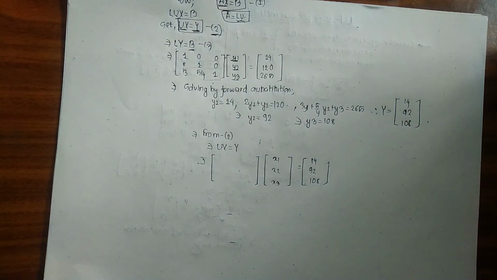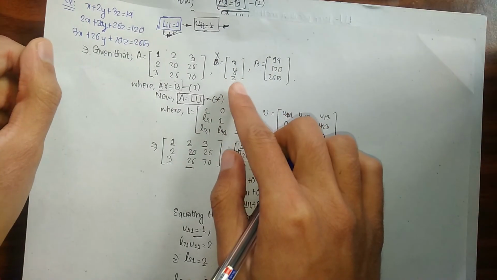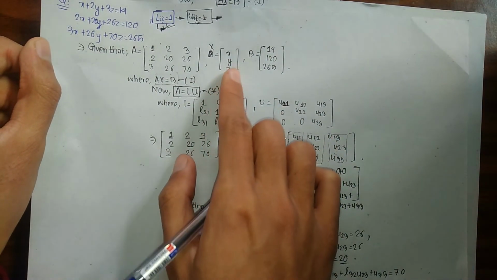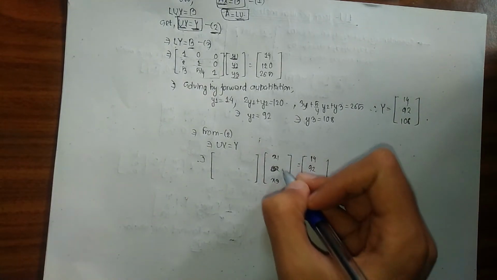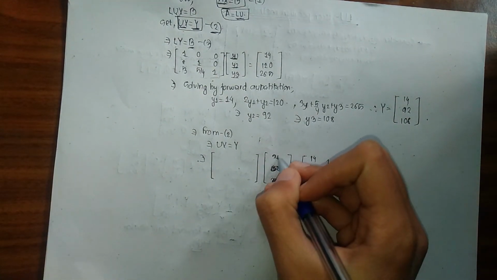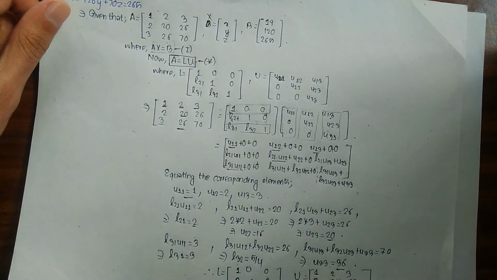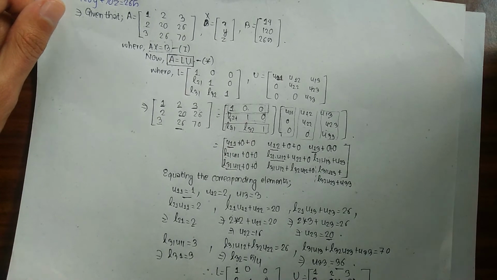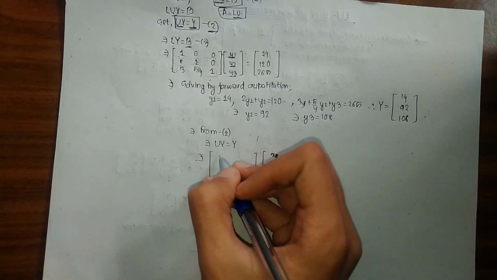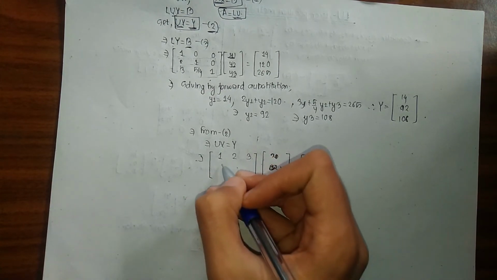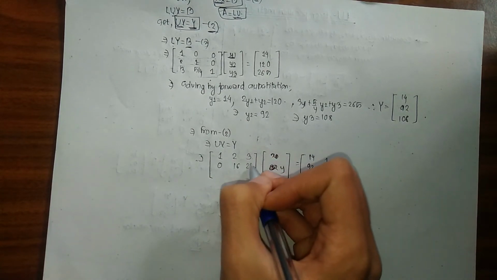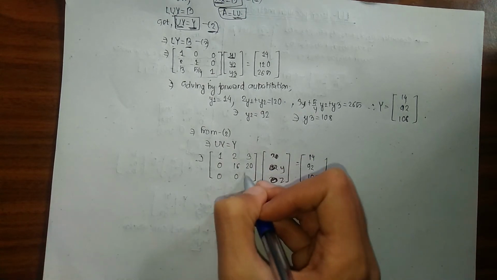So following my question, I'm going to write it as x y z. And now my U is over here: 1 2 3, 0 16 20, 0 0 36, which is calculated before. We are going to simply substitute it over here.